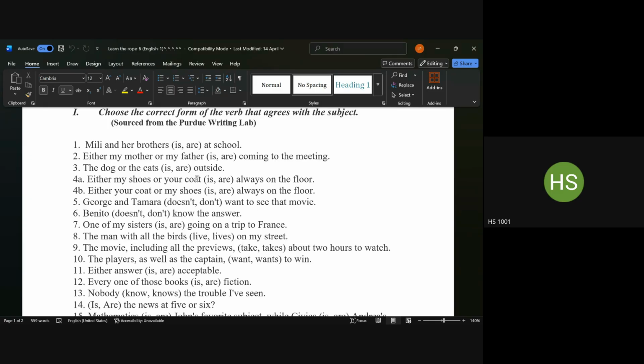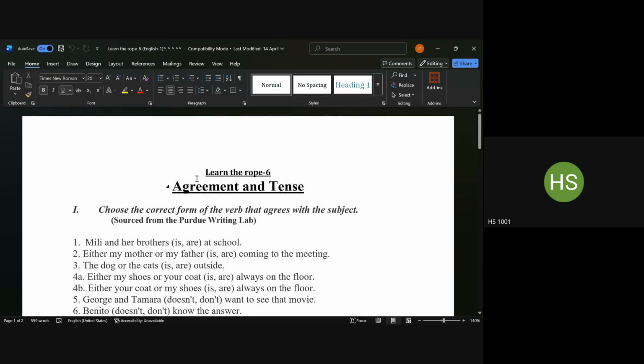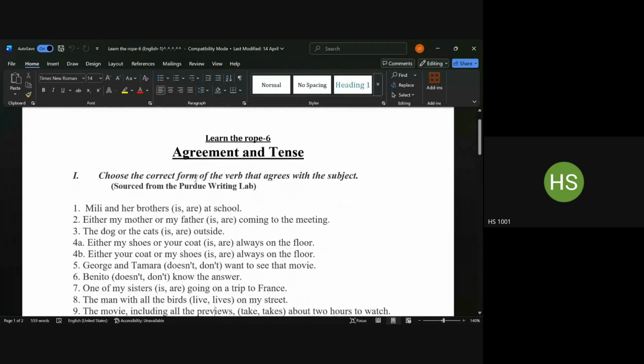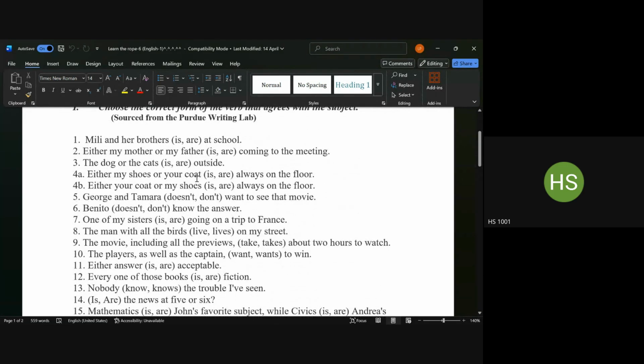Because both those subjects were singular, and anyway, we were talking about a choice. In the third question, again, we have a choice, but the difference is that we have one of them as a plural and the other as a singular. So, why do you choose are and not is in this case? The nearest noun is plural.